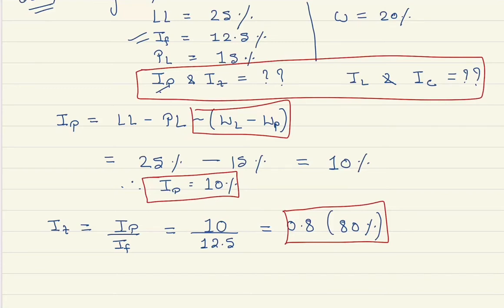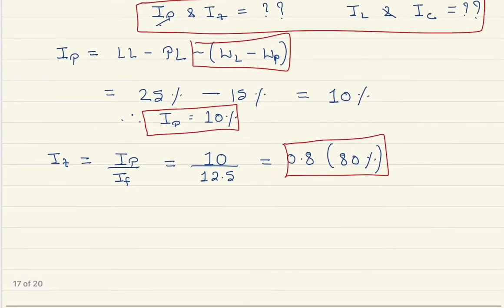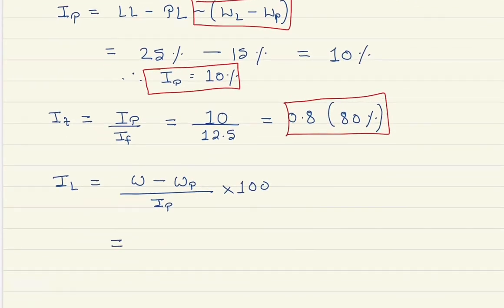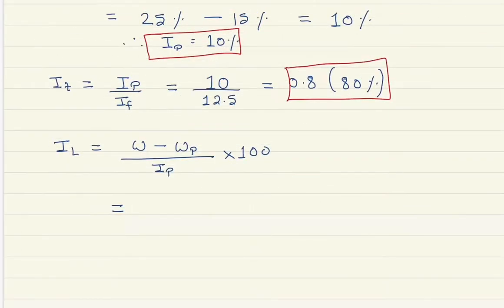Next we need to find IL, that is liquidity index. It is given by natural water content minus WP, that is plastic limit, divided by IP, that is plasticity index, into 100. So what is the water content in natural condition?